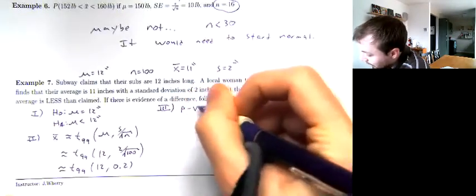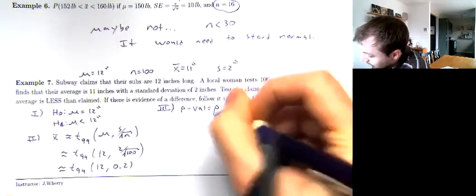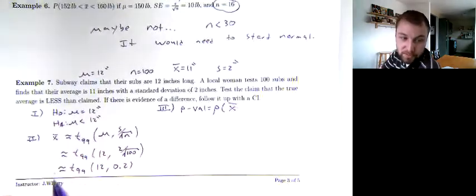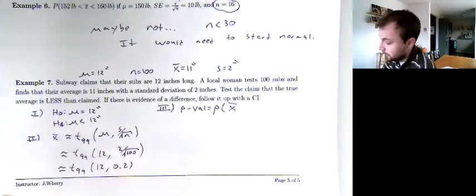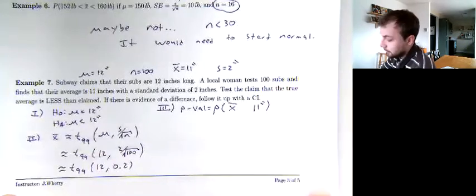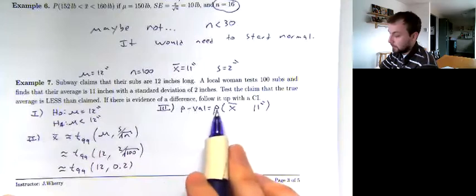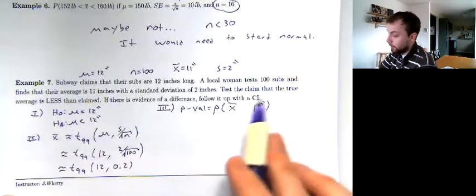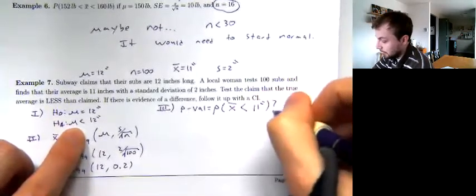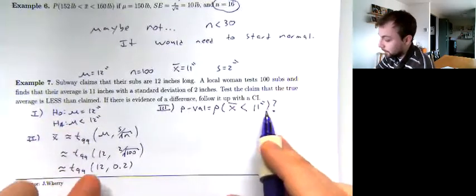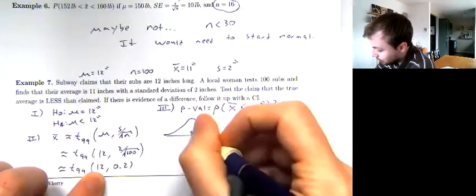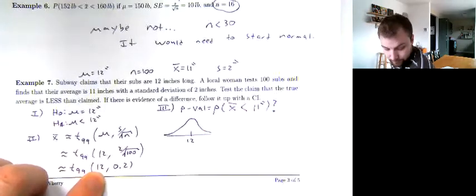Third step, though, p-value. The p-value is the likelihood of my sample. Well, my model tells me I'm going to be looking at sample averages X bar. And my average was 11 inches. So the p-value is the likelihood of my sample data, or more extreme, in this case meaning less. So I'm using this value 11 compared to the claim of 12, if the null hypothesis is true.